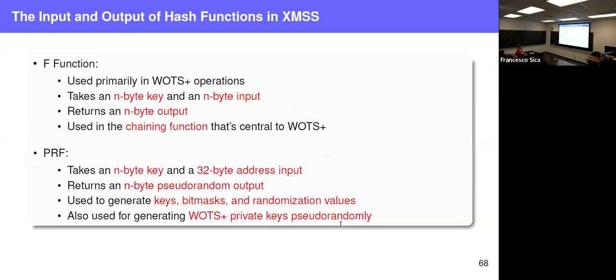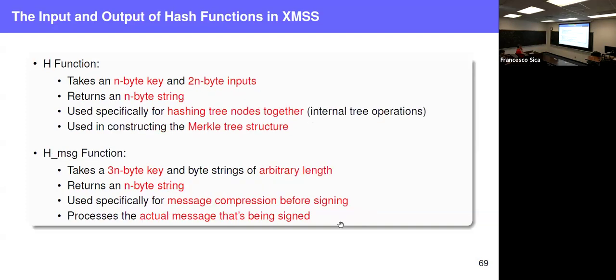And these are, I can skip this, the specification of each hash function. For example, the F function during the chain process will take an n byte key and n byte input and return an n byte output, while the pseudorandom function will take an n byte key and a 32 byte address and return an n byte pseudorandom output.